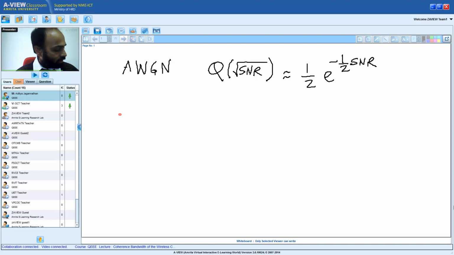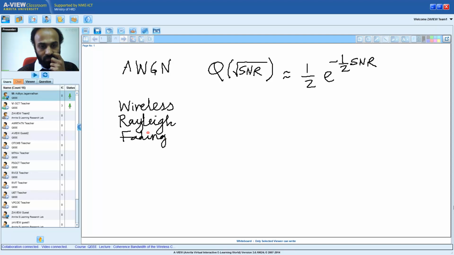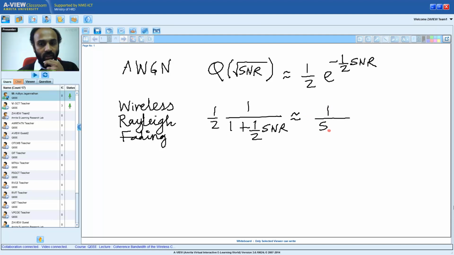Fine. And on the other hand, for a wireless communication channel, we said the bit error rate, let me just write it down, for a wireless Rayleigh fading channel, is given as half times 1 over 1 plus half SNR, which is approximately equal to 1 over SNR.